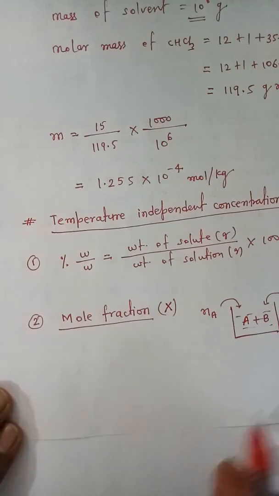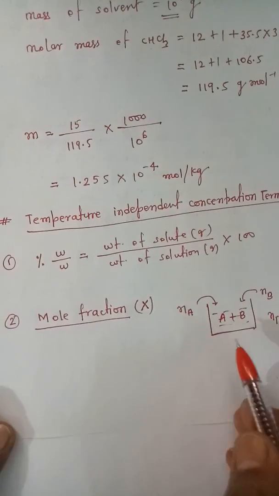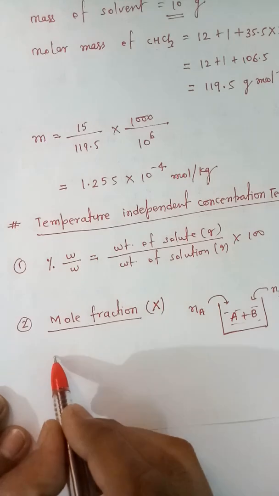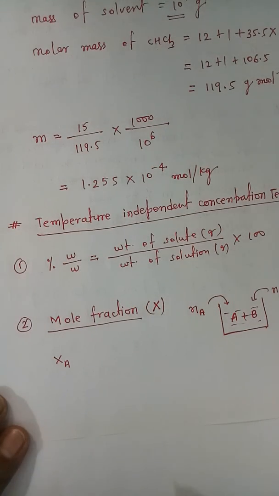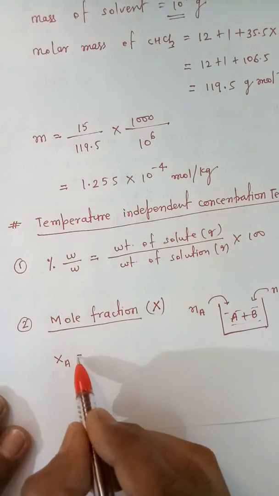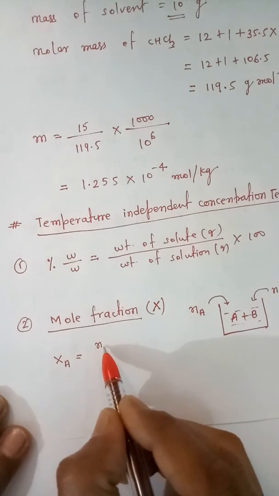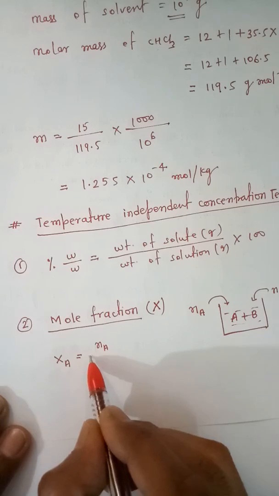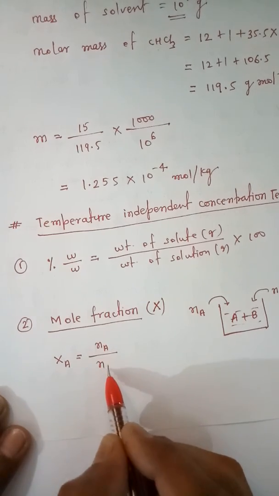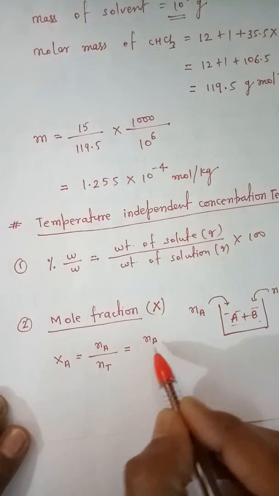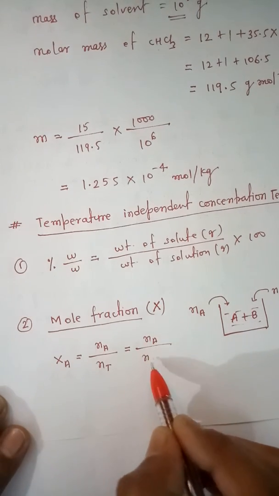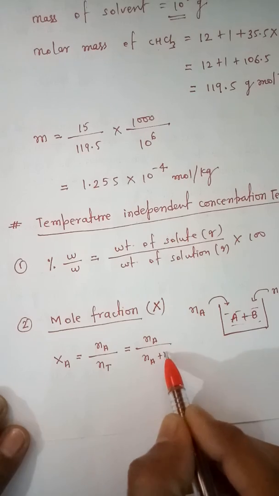So we can define mole fraction of individual component. Mole fraction of component A can be written as Xa, which is equal to number of moles of component A upon total number of moles, which is equal to Na upon Na plus Nb.